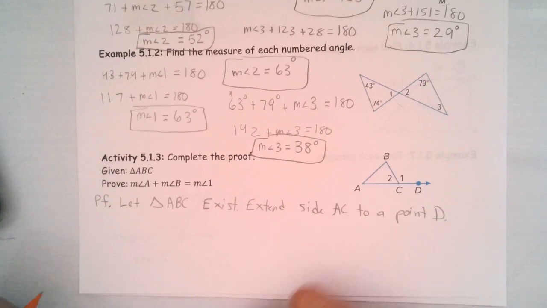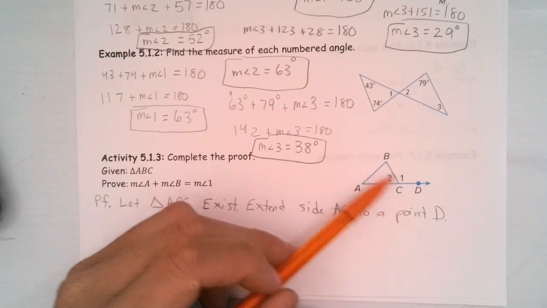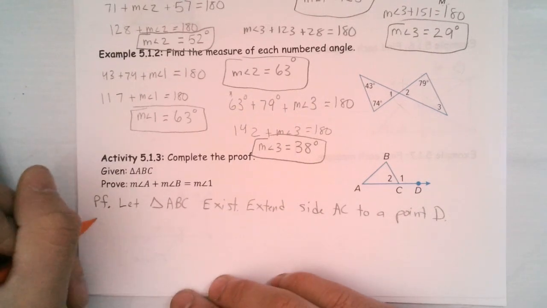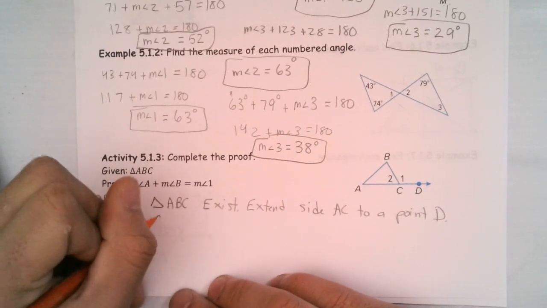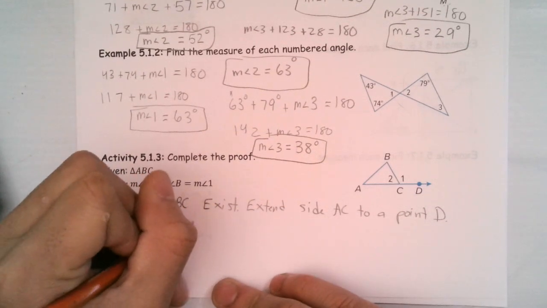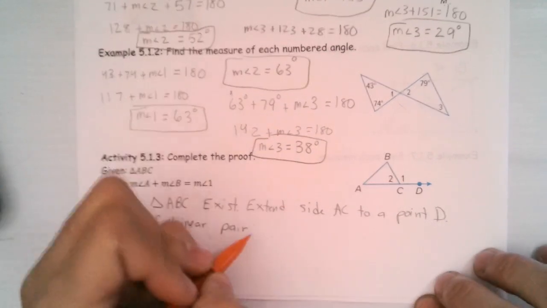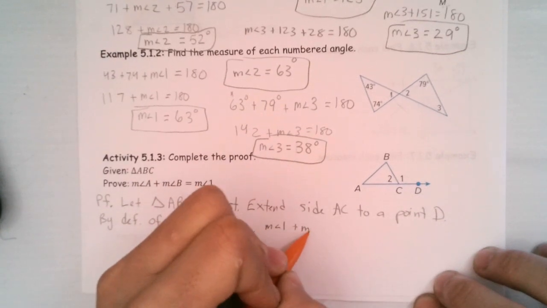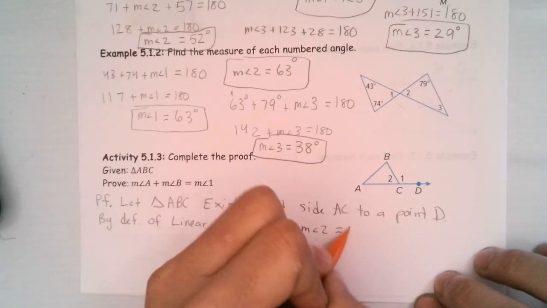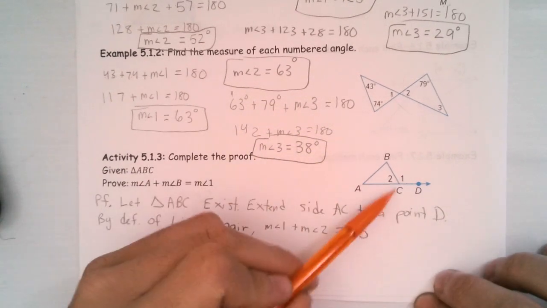Well, what do we know about angle 1 and angle 2? What do those have to add up to equal? By definition of a linear pair, we know that the measure of angle 1 plus the measure of angle 2 has got to equal 180 degrees. But what do we know about these angles as well?